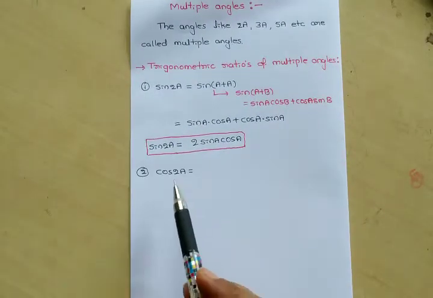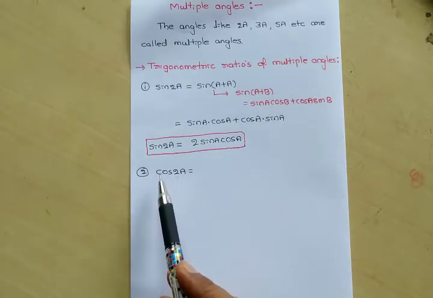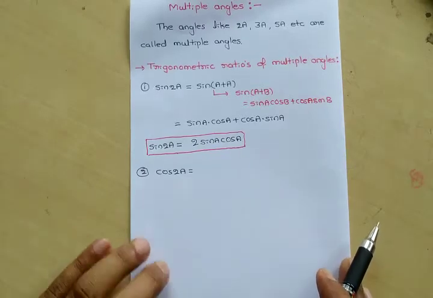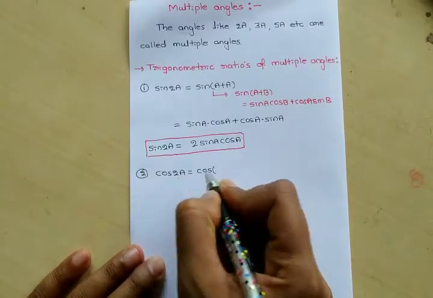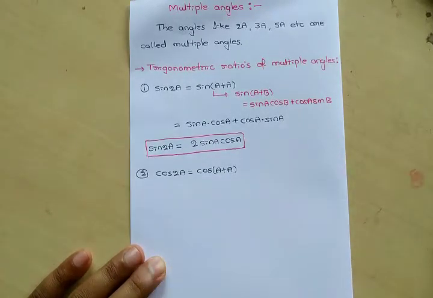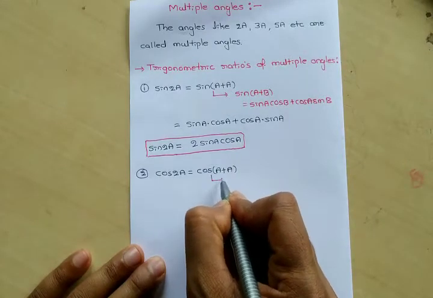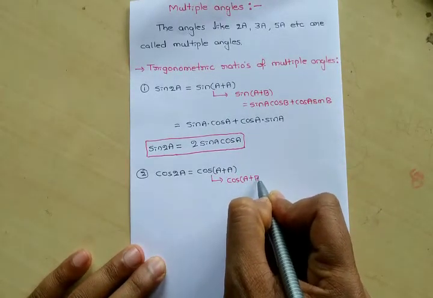Next we will see the cosine ratio of the multiple angle 2A, that is cos 2A. Again, cos I keep as it is, and 2A can be written as A plus A, so it looks like cos(A+B).